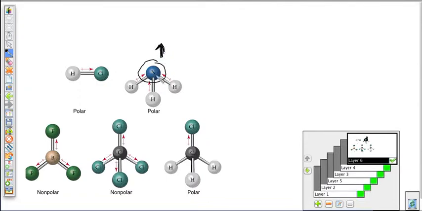So this nitrogen right here, having a very strong electronegativity, is going to pull all the negative electrons closer to itself. And if the electrons tend to be around the nitrogen more, well, that's going to create kind of a positive end over here. And that's what polarity is, where you can find one end of the molecule is positive and the other end of the molecule is negative.